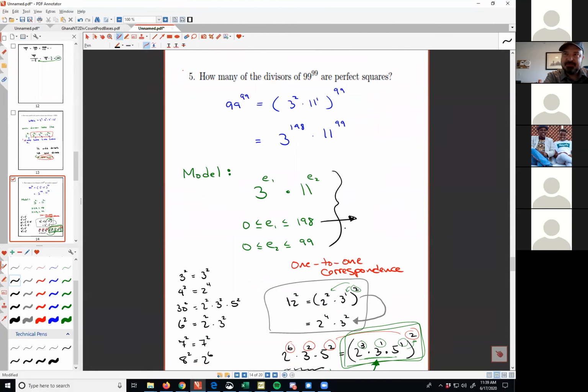Well, since the exponents are a simple list, we can say half of the possible exponents will be even. But then there's the fact of 0, because you can have zeros. So you add 1 to whichever value you have for half of the exponents. Good.